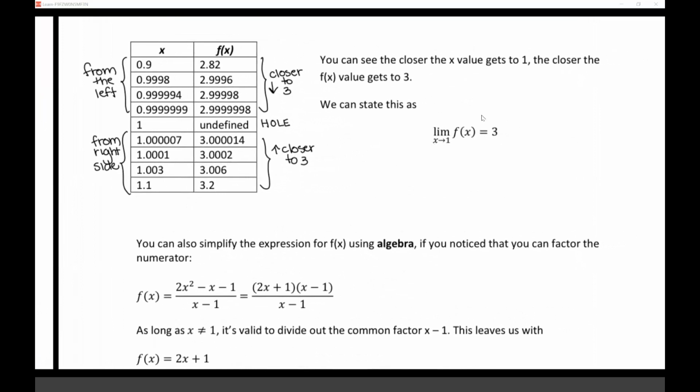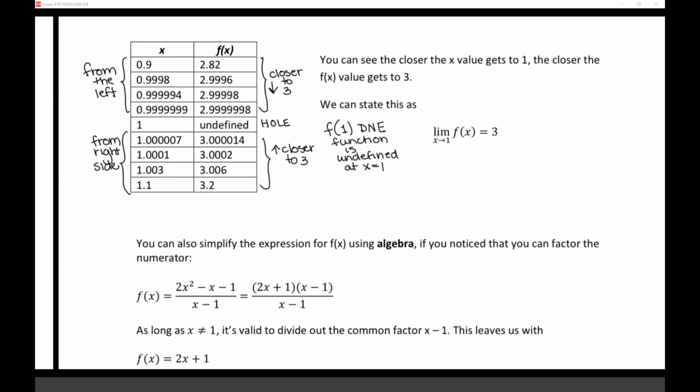So that's the limit. But again, the function value f of 1 does not exist. The actual function value is undefined.